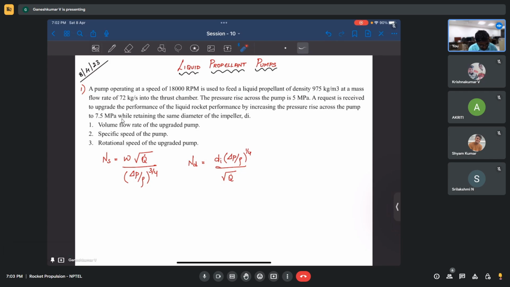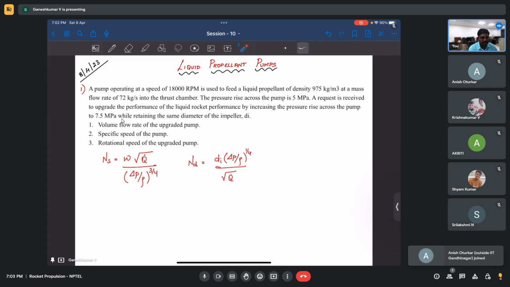Okay. So a request is received to upgrade the performance of the liquid rocket by increasing the pressure rise across the pump to 7.5 megapascal. Right now they are using 5 megapascal pressure rise. So in order to improve the performance of our rocket engine, they are trying to increase the pressure ratio.